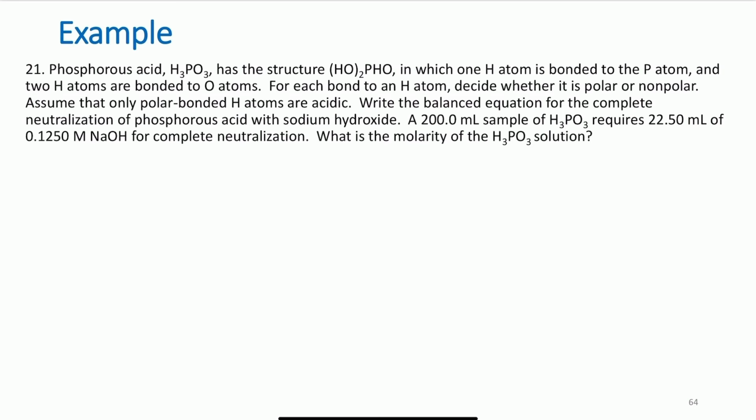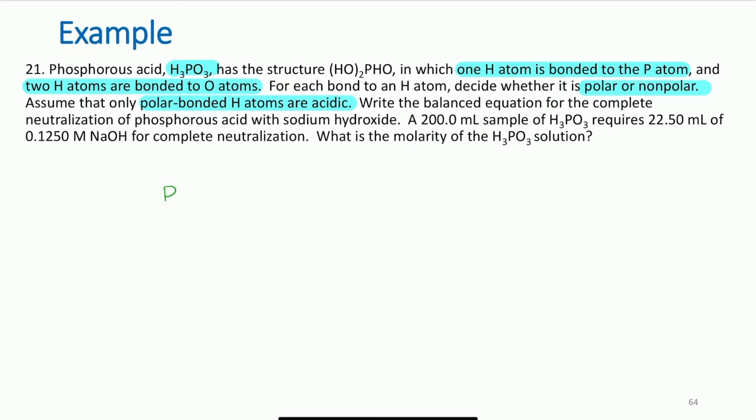Okay, let's dissect this. So, phosphorous acid H3PO3 has the structure HO2PHO, in which one hydrogen atom is bonded to the phosphorus atom. Two hydrogen atoms are bonded to oxygen atoms. For each bond to a hydrogen atom, decide whether it is polar or nonpolar. Assume that only polar bonded hydrogen atoms are acidic. So let's do that first.